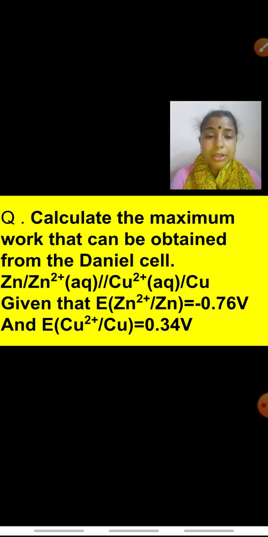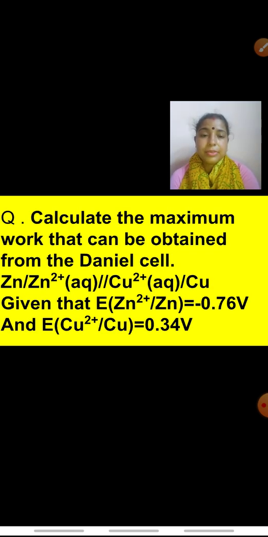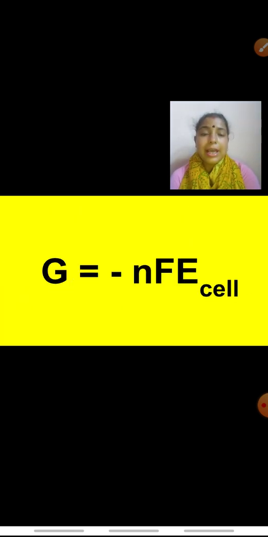Which is the cathode here? Copper. So, subtract zinc from copper, that is cathode minus anode. Whatever you get, you have to multiply it with n and F. n is the number of moles of electrons exchanged. The number of moles of electrons exchanged here in this case is 2, and the value of F is 96500.